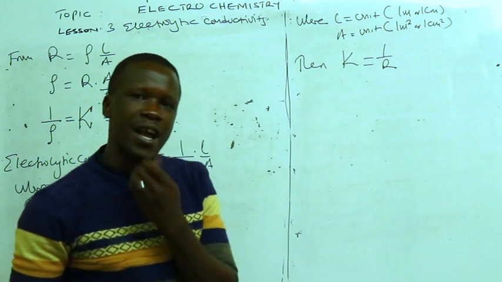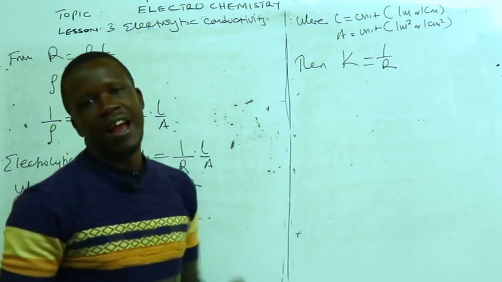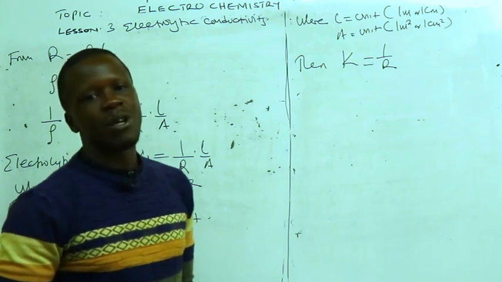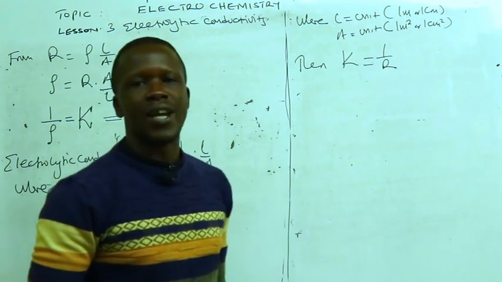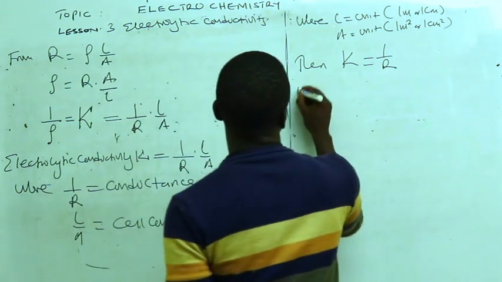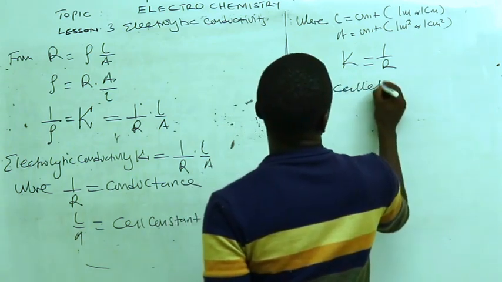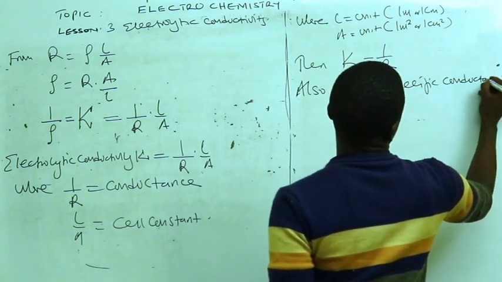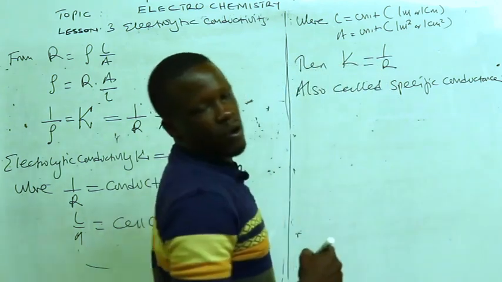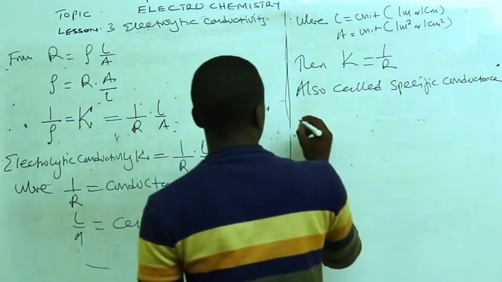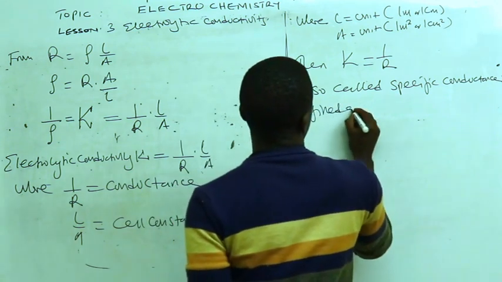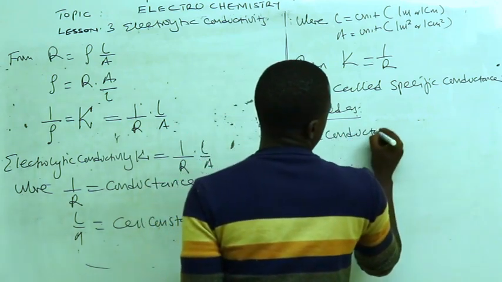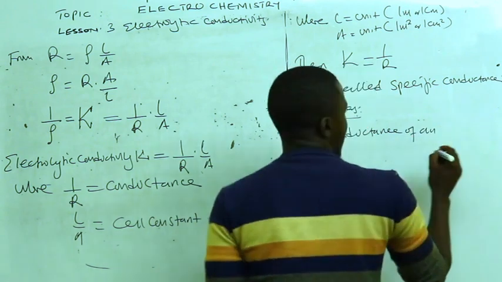And from that point, we get another name for electrolytic conductivity: it is sometimes called specific conductance, and is also defined as the conductance of an electrolyte.